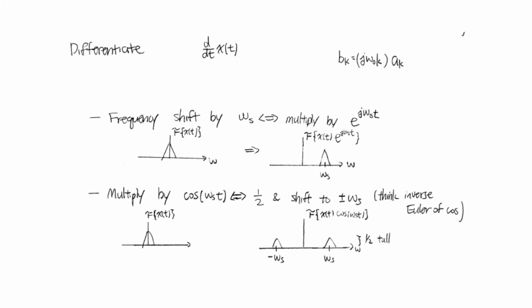So the general concept is that when you want a frequency shift by some frequency omega s in the frequency domain, that's the same as multiplying by an e to the j omega st term.